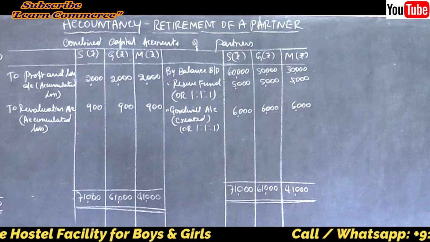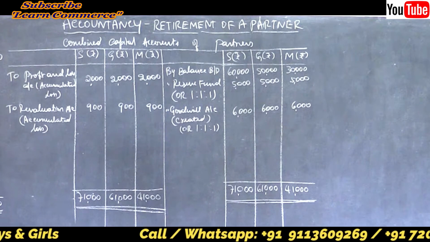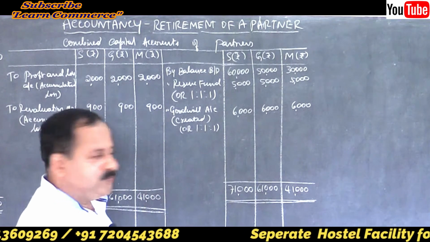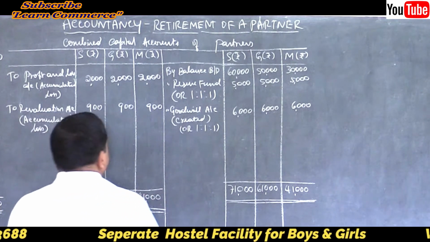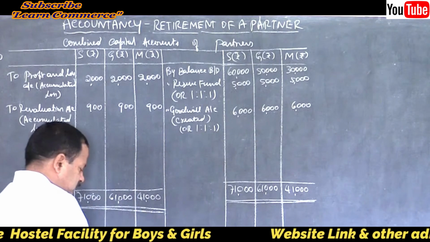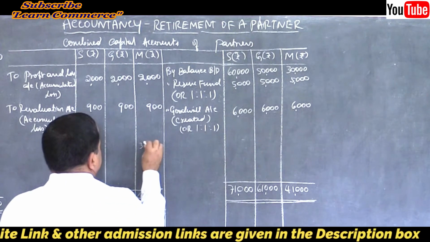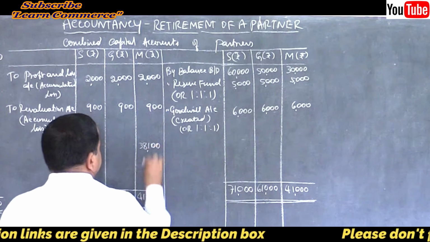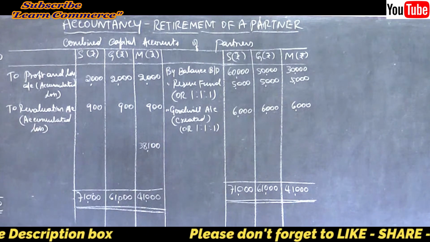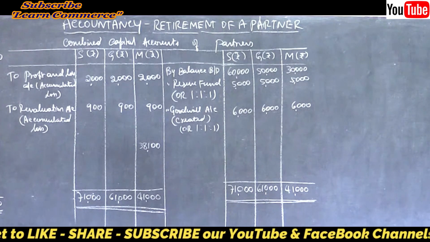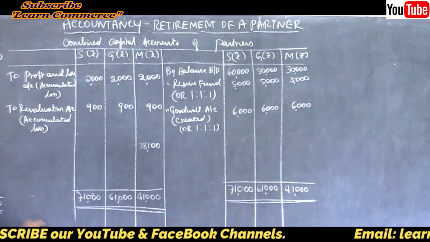Now balance the retiring partner's account, Manju's. Write the difference here, 38,100. Nothing is mentioned regarding settlement, so it should be transferred to Manju's loan account, right? Don't write simply loan account, write Manju's loan account.